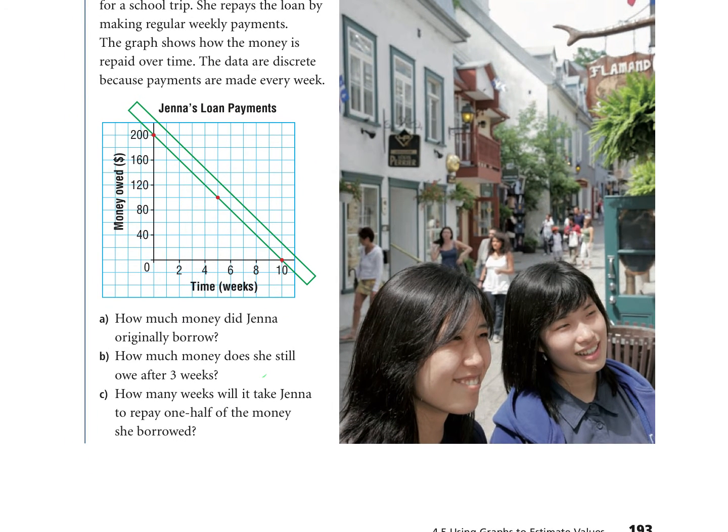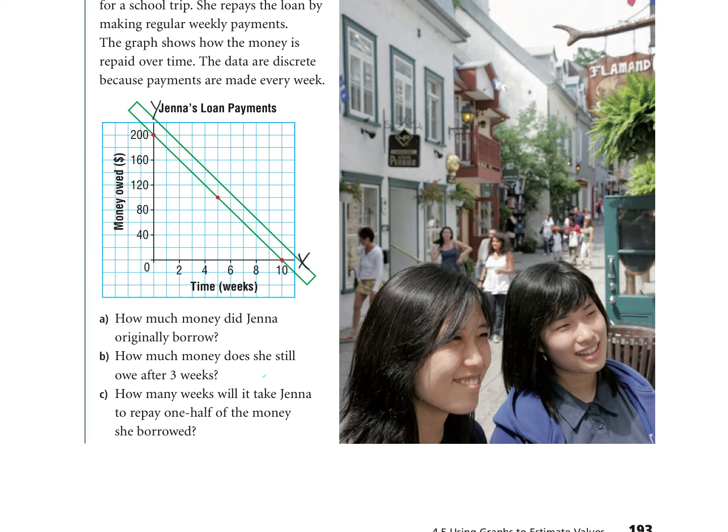The reason that these look like they're joined with a line is not that they're joined with a line, they're just placing a ruler over the points to show that it forms a straight line. And we're asked, how much money did Jenna originally borrow? And we can tell that by going right here at the zero on the time axis, which is our x-axis. So remember, this here is our x-axis, this is our y-axis.